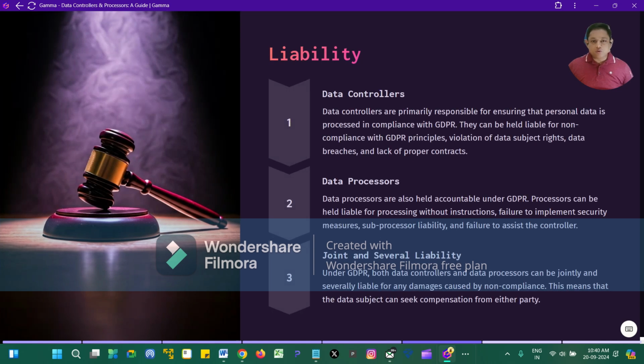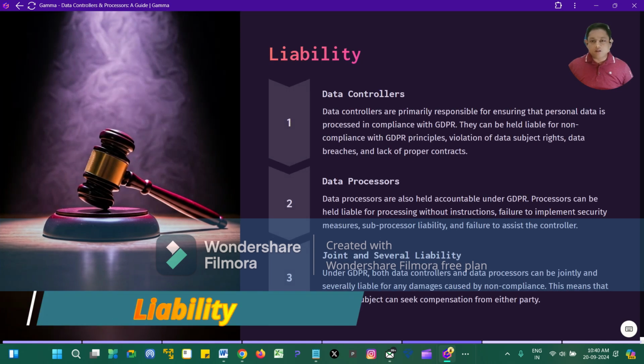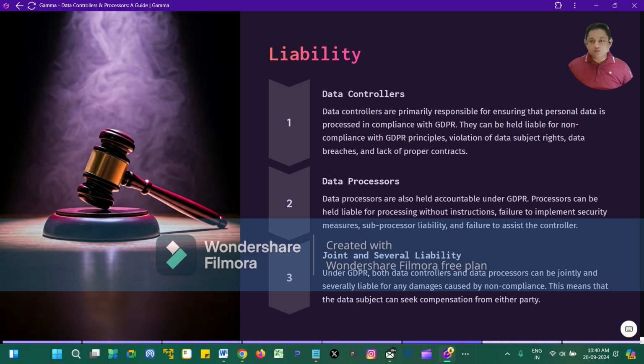Liability. First, data controllers are primarily responsible for ensuring that personal data is processed in compliance with GDPR. They can be held liable for non-compliance with the GDPR principles, violation of data subject rights, data breaches, and a lack of proper contracts. Second, data processors. Data processors are also held accountable under GDPR.